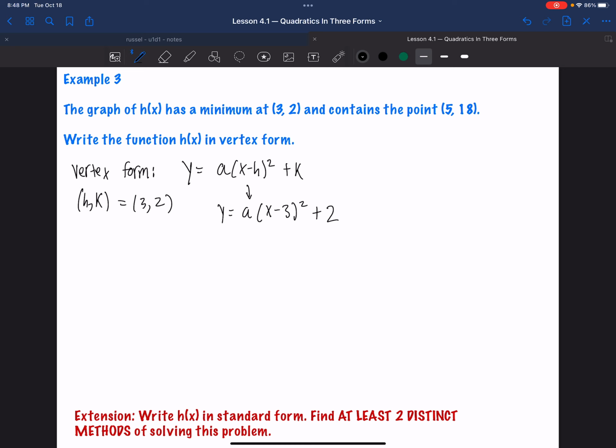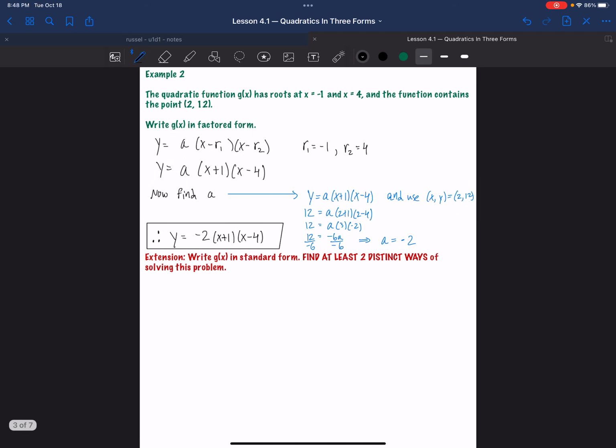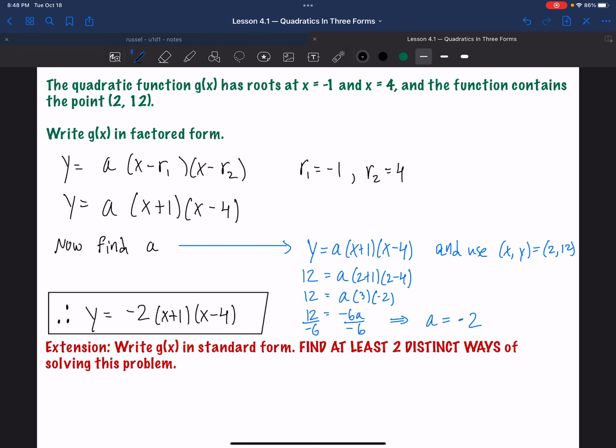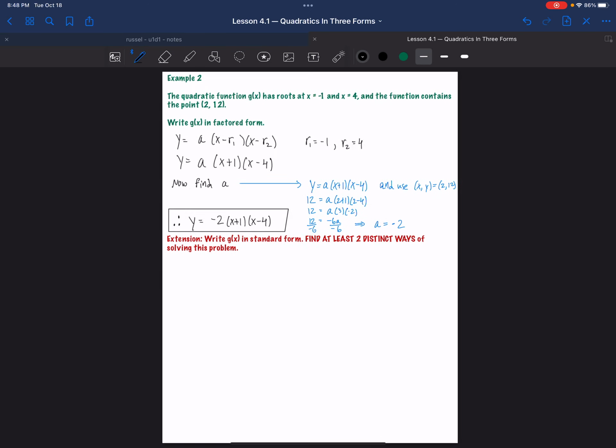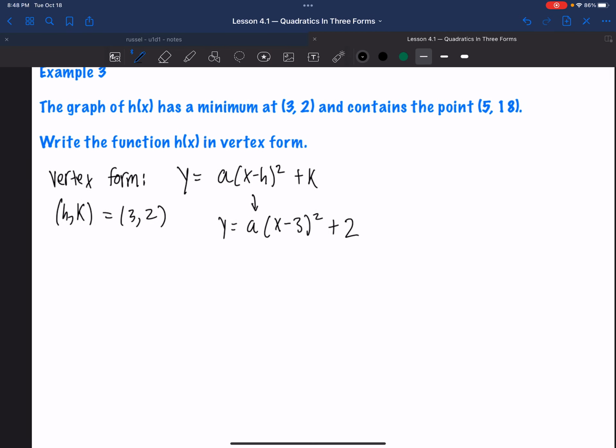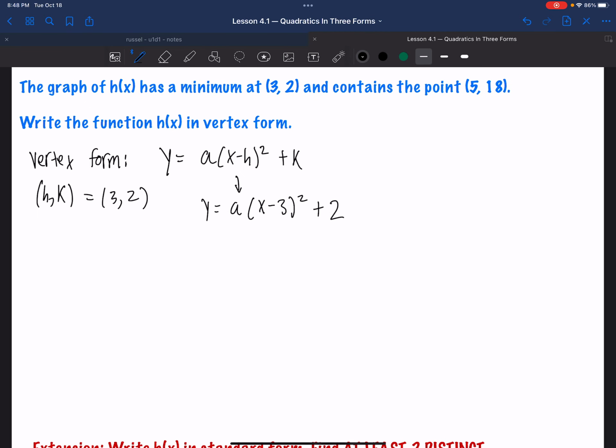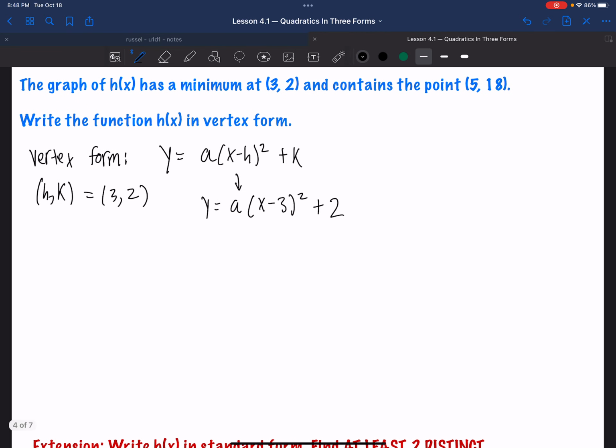Cool. So now how do you find a? Well, you find a the same way you found a in the previous problem. We plugged in the roots, and then we plugged in a point to find a. In this case, we're going to plug in the vertex, h comma k, and then plug in that other point to find a.